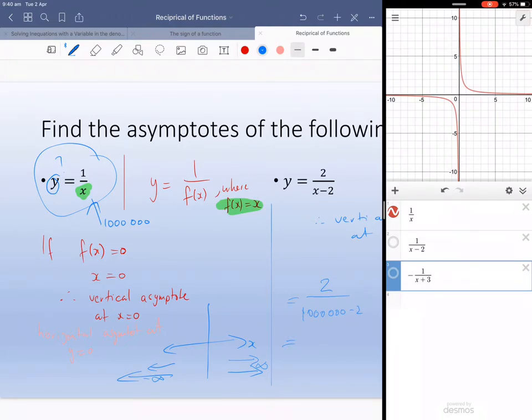Imagine you put in 1,000,000,000 or a gazillion, because that's what we're looking at. When we look at horizontal asymptotes, we're looking at the edges of the graph. So in the second one, the horizontal asymptote is also 0. It's something to think about: if we put a really, really big value of x, what happens to the graph?